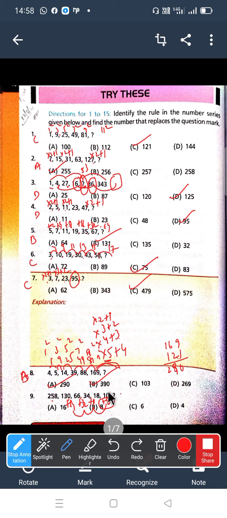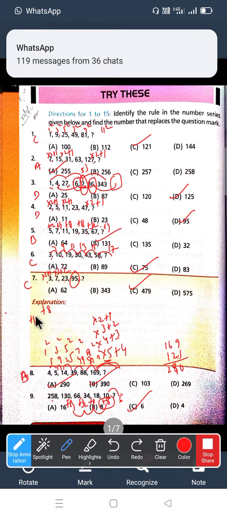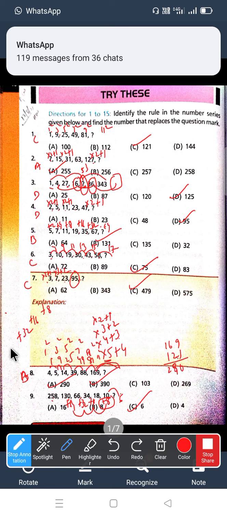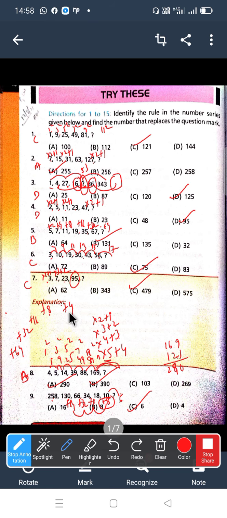That means 4. So subtract 4 from that 10. That means 6. If you observe, it will be easy for you. I am writing here: plus 8, plus 16, plus 32, plus 64, like that they have taken. So before 8 they should take plus 4, children. That means you need to take 6 in that option. So the ninth answer is option C.